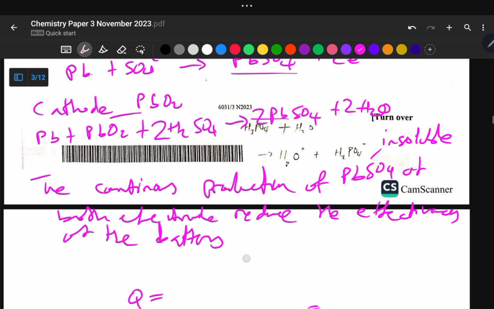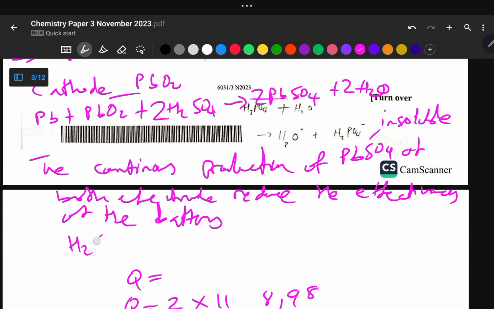And also take note that the concentration of the electrolyte, sulfuric acid, decreases with time.